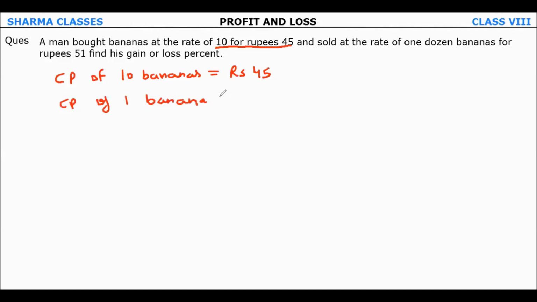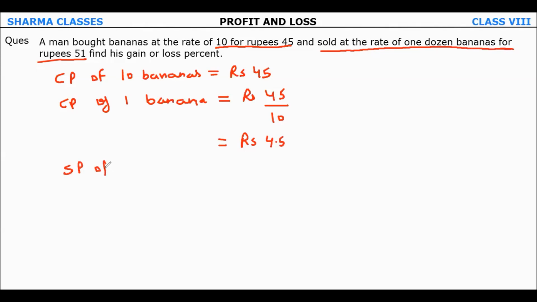From here we can see cost price of one banana will be how much? This is the unitary method which you have studied in your class 6th and 7th. So this 10 will come downside and it will become rupees 4.5, which is the cost of one banana. Now, further question says, and sold at the rate of 1 dozen bananas for rupees 51. That means sold means SP of 1 dozen banana.